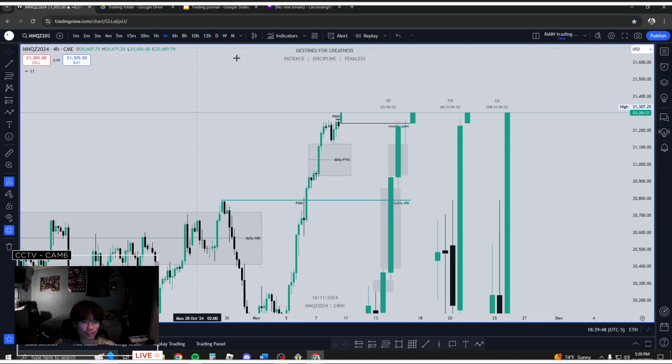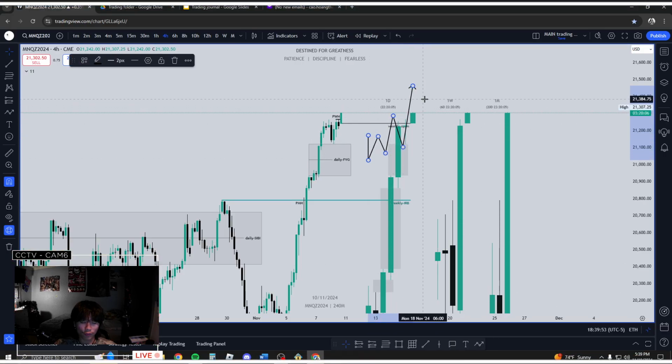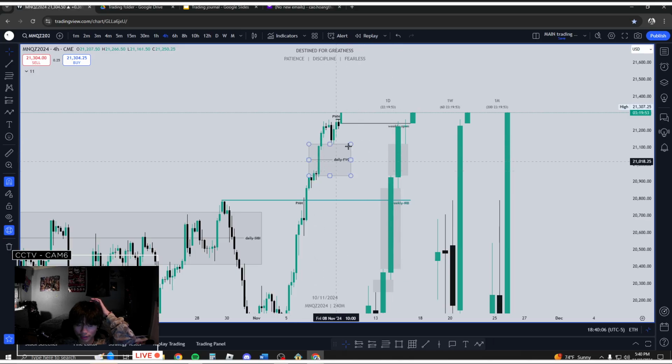So I do want to see if we do end up rebalancing this daily fair value gap or not on NQ. And if we do end up rebalancing this daily fair value gap, I am anticipating for prices to hold this daily fair value gap and to help us continue higher. Why am I anticipating for prices to respect this daily fair value gap?